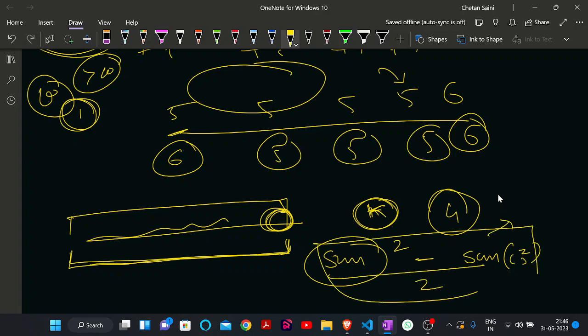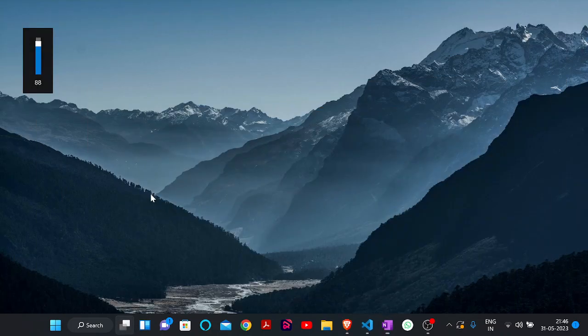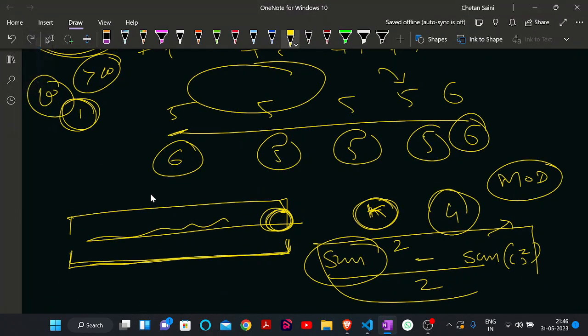But in this process you cannot use mod, because from that you will get a wrong answer. So what is the different approach for calculating the sum of pairwise products?